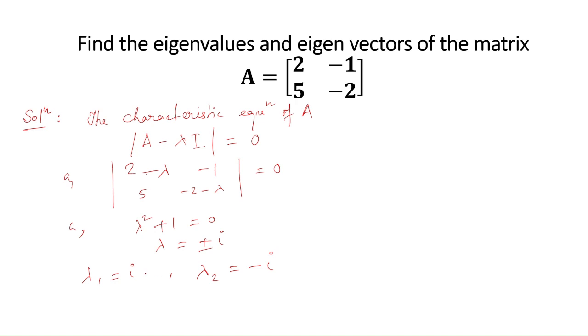Now let us find the eigenvectors corresponding to the eigenvalues. Let us find first for lambda 1 equals i.